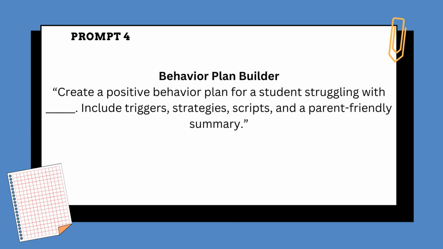So you would simply type into the AI, create a positive behavior plan for a student struggling with staying in their seat, include triggers, strategies, scripts, and a parent friendly summary. This one is gold for those tough behavior weeks. You can also prompt the AI to create a student friendly chart for the child that will accompany the behavior plan.